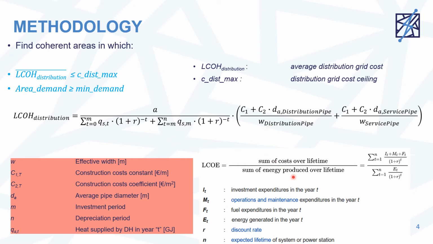This is similar to the standard levelized cost of energy formulation, where we have the sum of the cost over the lifetime divided by sum of energy produced over the time.